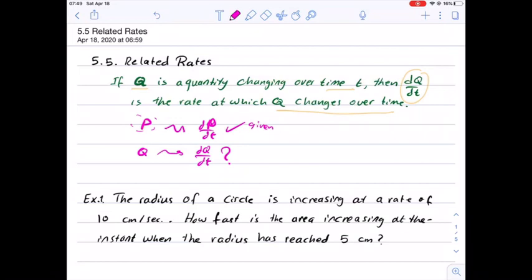So in general, the problem of related rates consists of the following things. We have two or more related quantities.